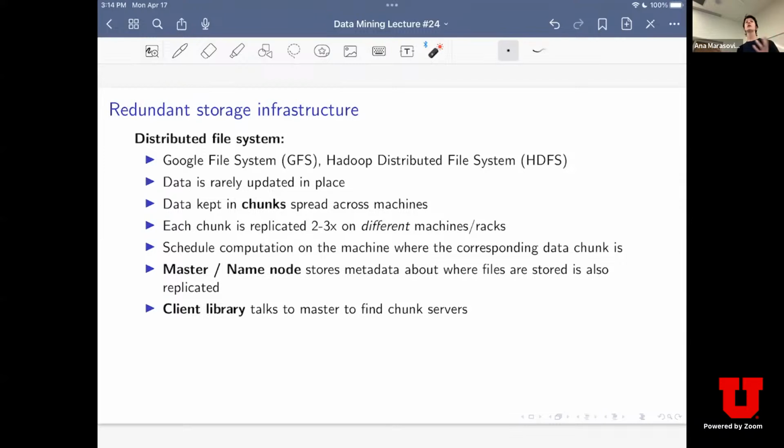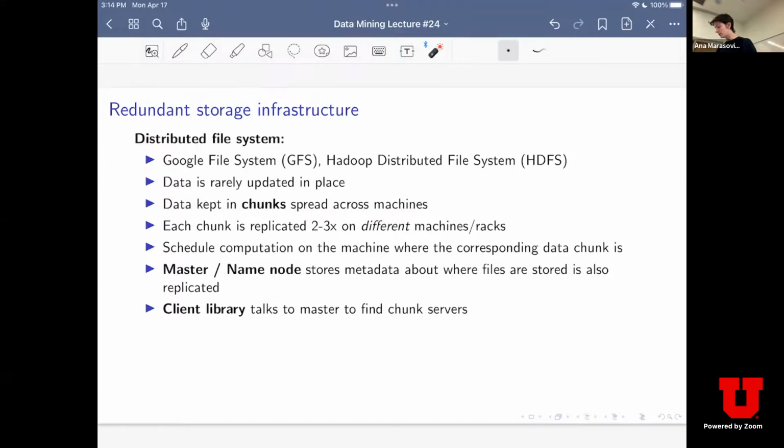That's just the nature of this data when we talk about web pages and search engines. And this data, as the word distributed might hint, is going to be kept in chunks spread across machines.